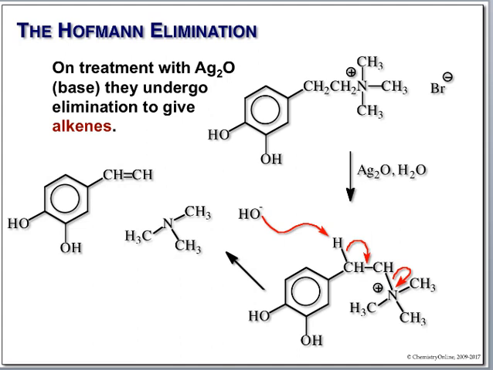We lose the amino group and wind up with a double bond. Once again, you need silver oxide as your base in order to do this. Plain old KOH or tert-butoxide doesn't work. But there's a unique thing about the Hofmann elimination.